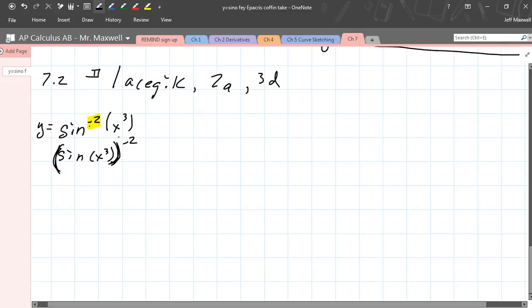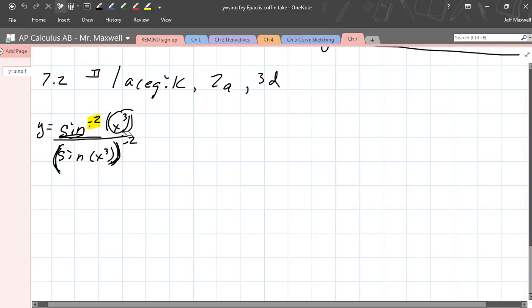So that means the whole sine of x cubed is all taken to the power of negative 2. The reason they don't put the brackets there is because it gets confusing. Then it looks like, is this negative 2 attached to the x, or is it attached to the sine? So that's why they do that.